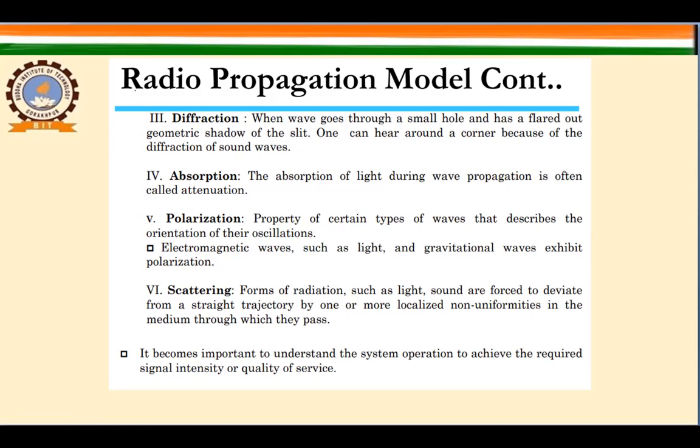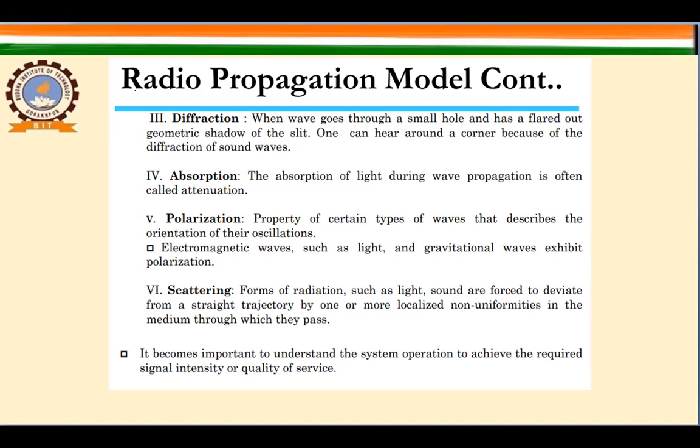Another phenomenon is scattering. Scattering is a form of radiation, such as light or sound, being forced to deviate from its straight trajectory by one or more localized non-uniformities in the medium.